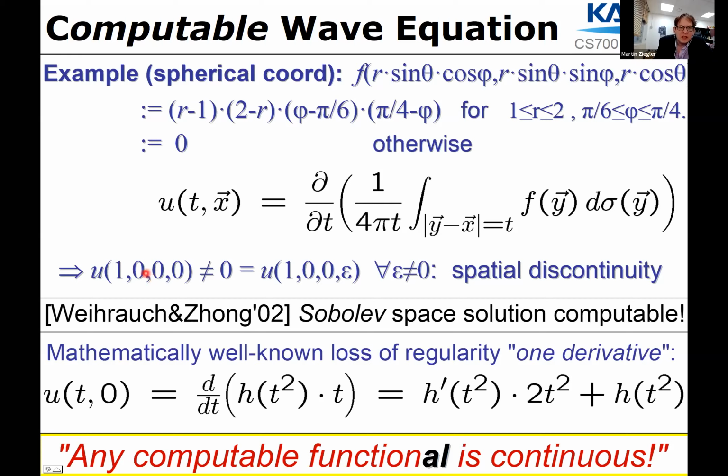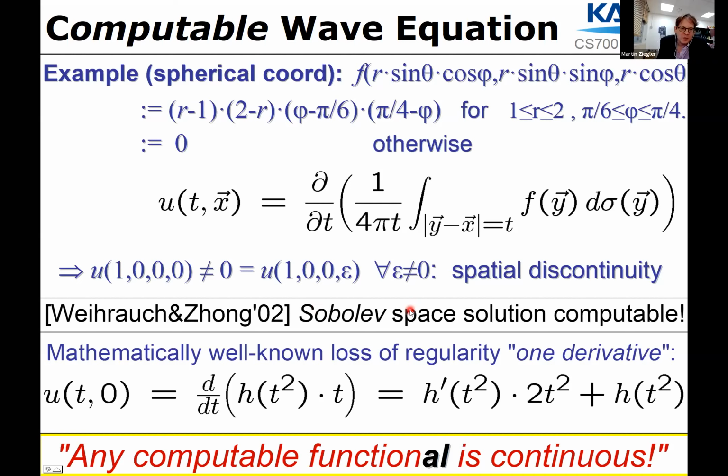And if that origin belongs to that set of measure 0, we can change the value at the origin arbitrarily without affecting the norm of that function. So even writing down such an expression makes no sense in Sobolev space.